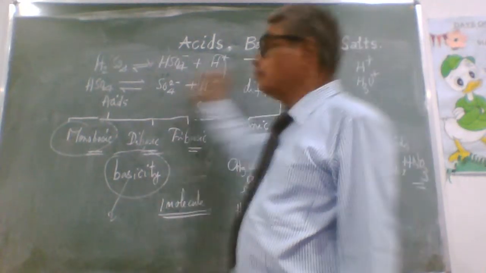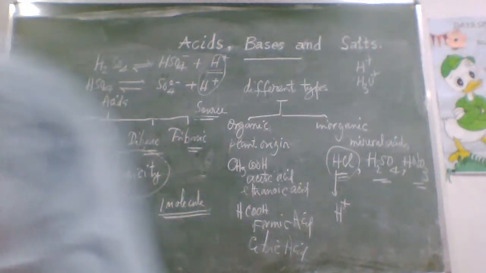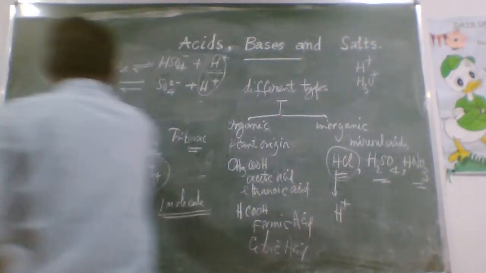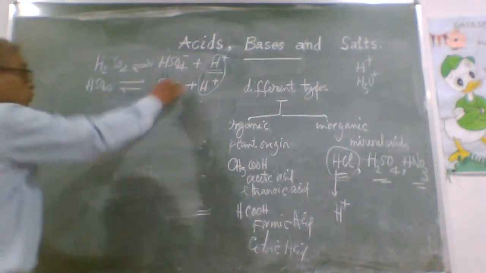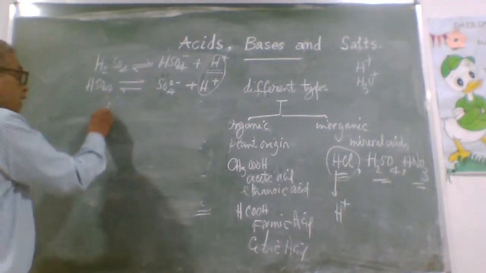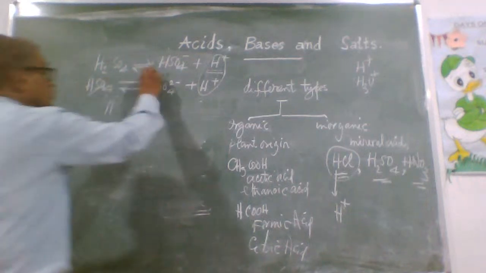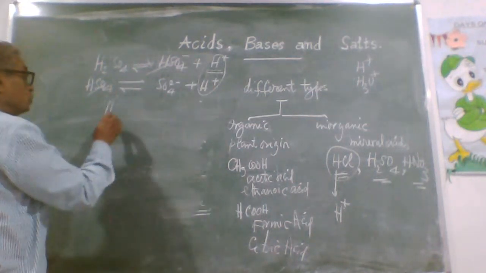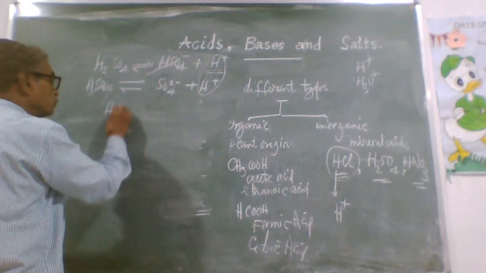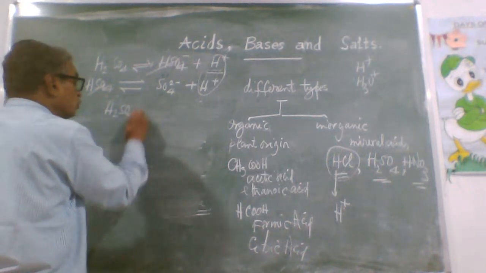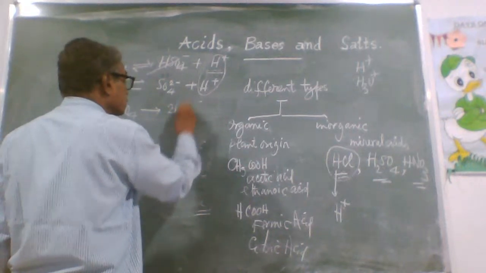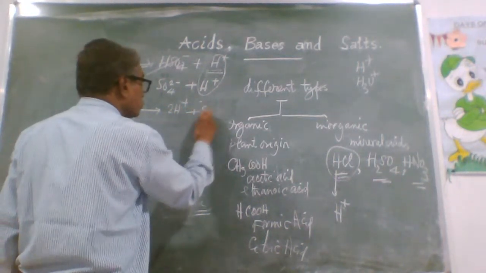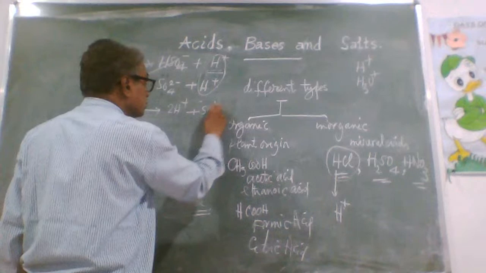Both these equations can be written together in one equation. You can see HSO4 minus is common in both. So you can write H2SO4, when dissolved in water, gives 2H plus and SO4 2 minus.